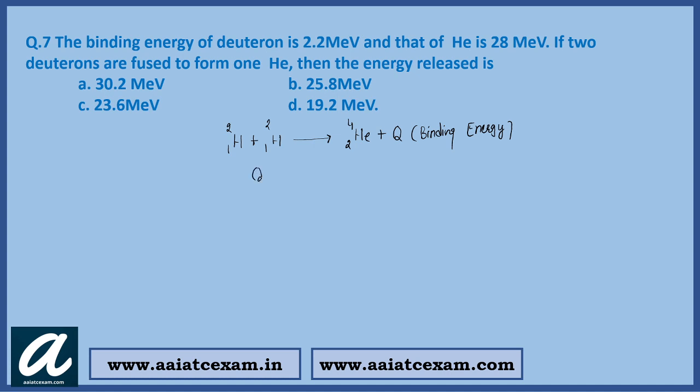You know that binding energy will be equal to binding energy of products minus binding energy of reactants, because energy is released here, so binding energy on the product side will be more compared to the reactant side.